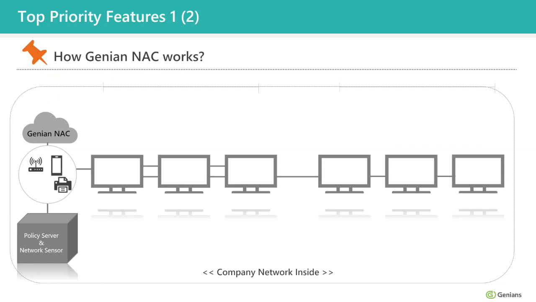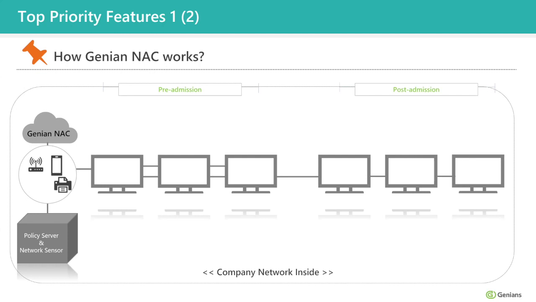Once Genian NAC detects a new device, there are some required processes for allowing the device to access the business network. So I largely divided it into pre-admission and post-admission.